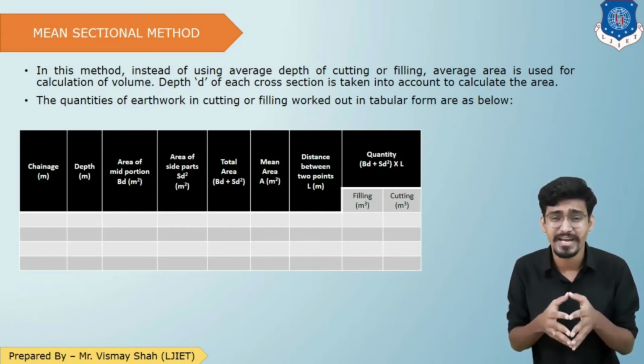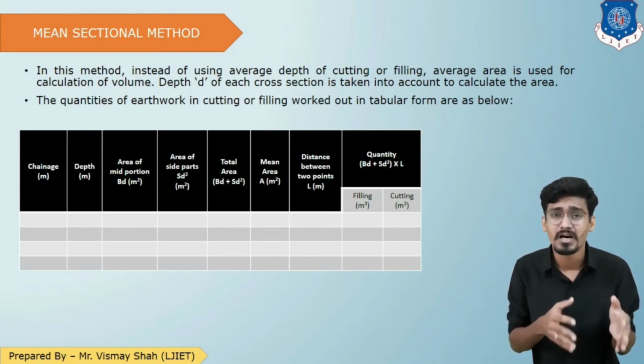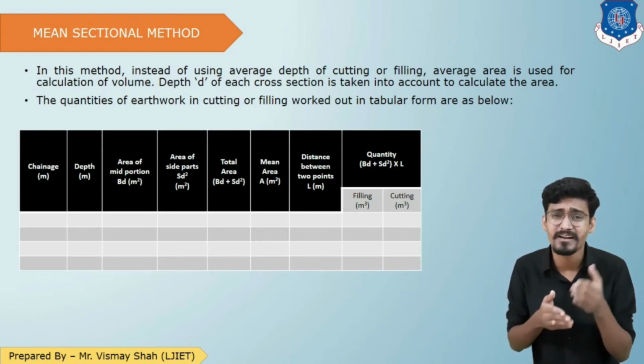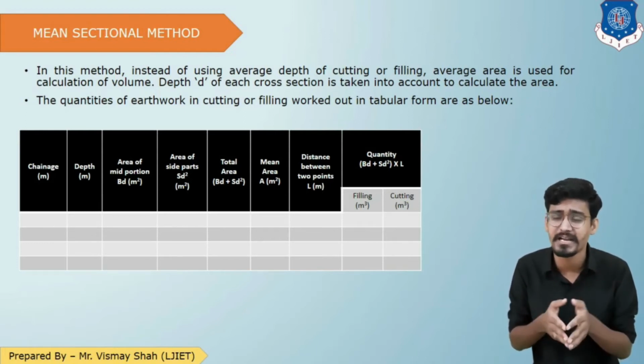The first is chainage, same as mid-sectional, which will be provided in the given question. Then the second column is depth. The depth is the difference between ground level and formation level. Again, the data will be provided in the question.